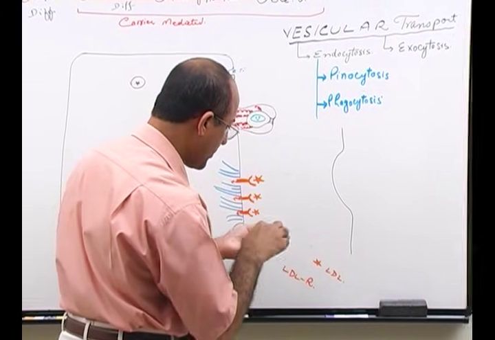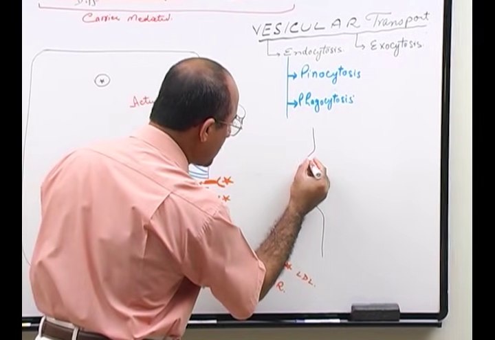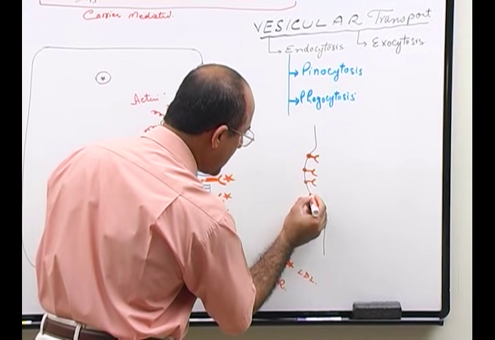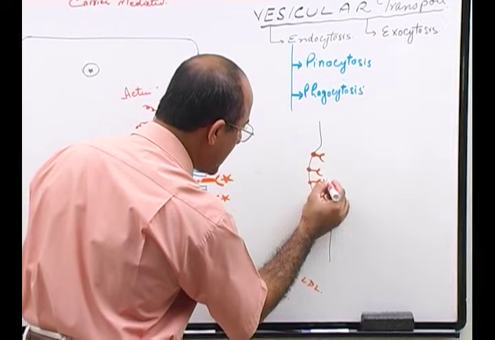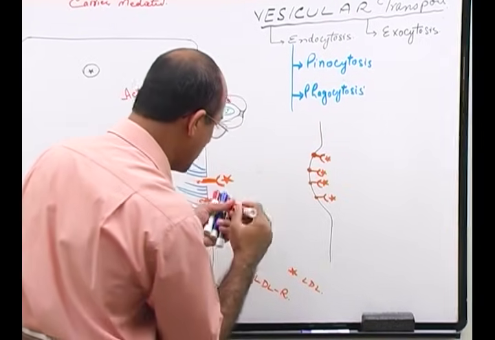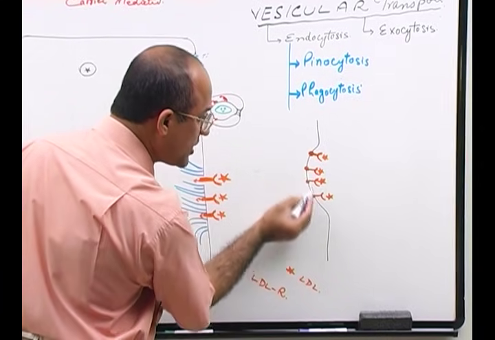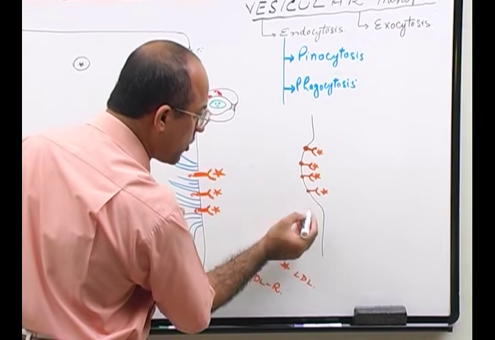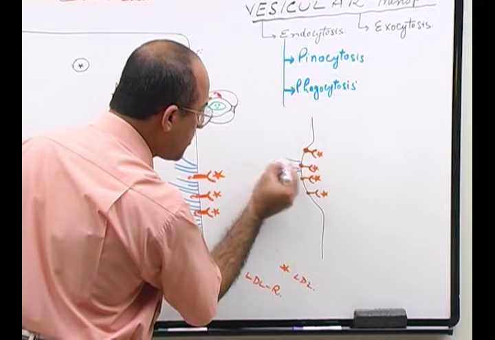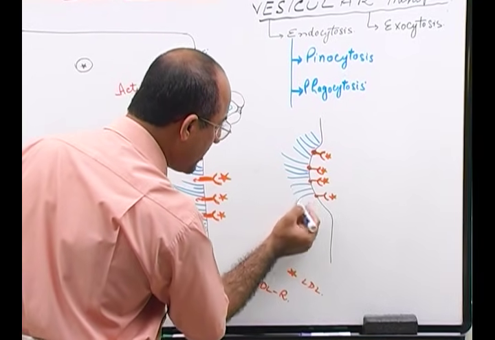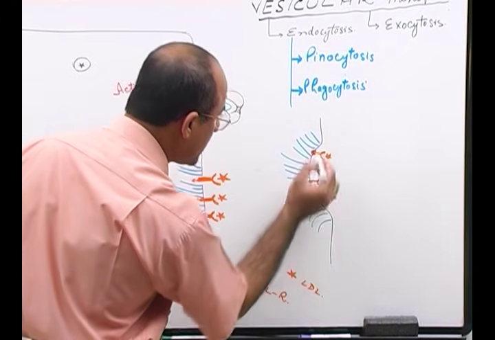These were receptors for LDL, and here is LDL. These receptors are loaded in this area. As soon as the receptors become loaded, special proteins appear and bind under the surface of this membrane to the cytoplasmic face.